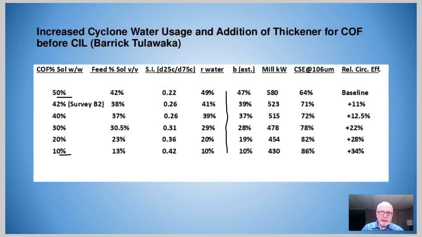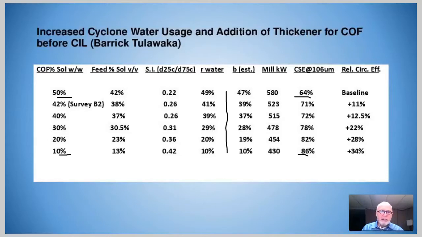And running the simulations, we saw that the mill kilowatts needed was reduced from 580 all the way down to 430. And the classification system efficiency associated with each run is shown, starting with the existing circuit in the plant of 64% and increasing all the way up to 86% with increased water addition to the cyclone. That's an overall increase in circuit efficiency of over 30%.